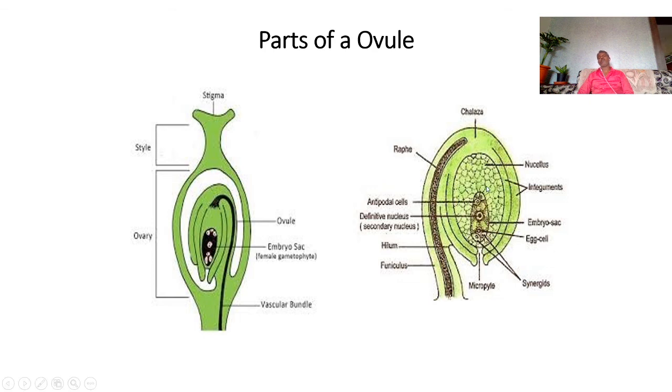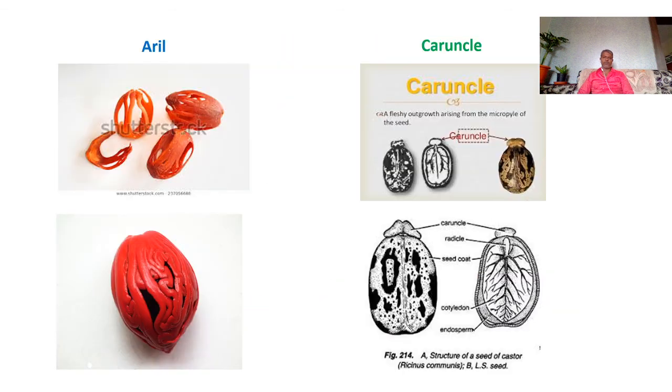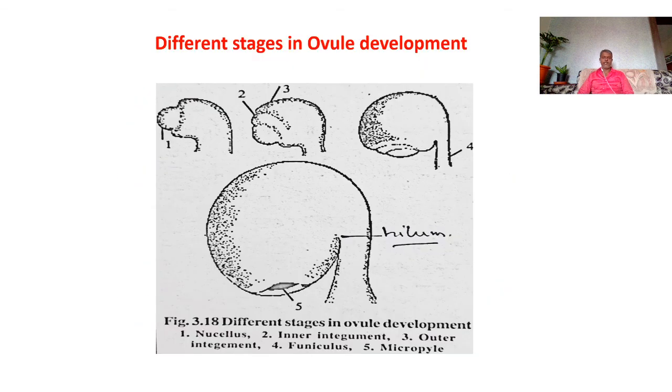Okay, so the remains of the nucellus, even after complete formation of the embryo sac, is known as perisperm. Actually, this nucellus is used up by the growing embryo sac. Okay, so this is today's class.